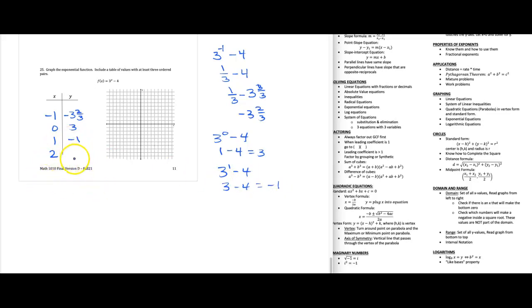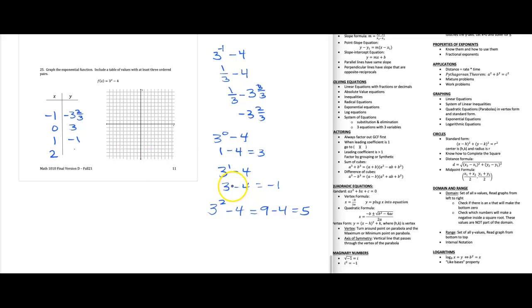And we might have to go with some other ones that are a little bit higher up here. And then 2: 3 to the second power minus 4 is going to give us 9 minus 4, which is 5. The y coordinate for 0 should be negative 3, right?